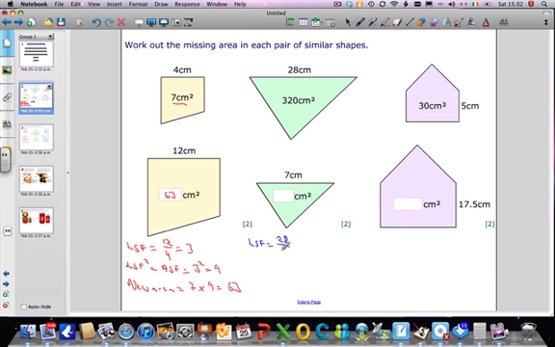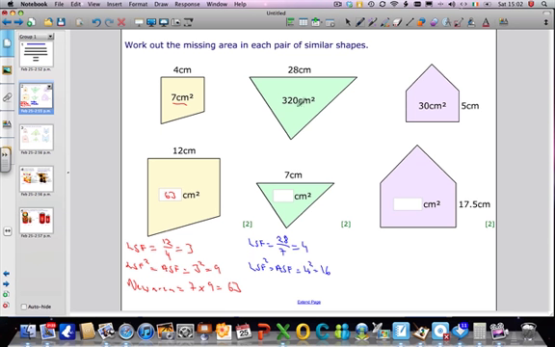So it's 28 divided by 7, which is 4. The linear scale factor squared will give me the area scale factor, which is 4 squared, which is 16.